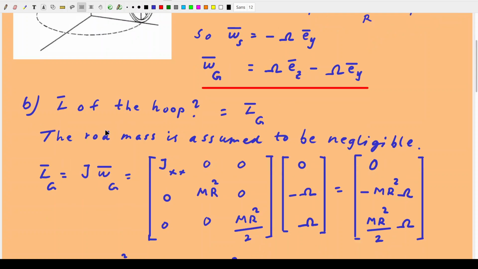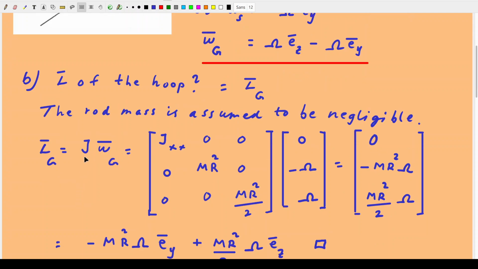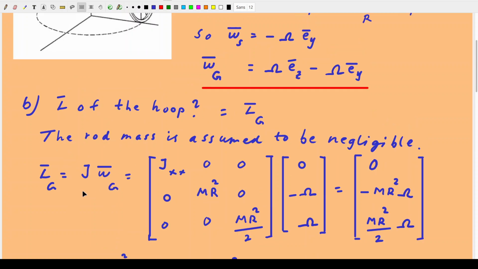The general rule is that the angular momentum is related through the moment of inertia matrix times the full omega vector. We already computed the omega vector here.